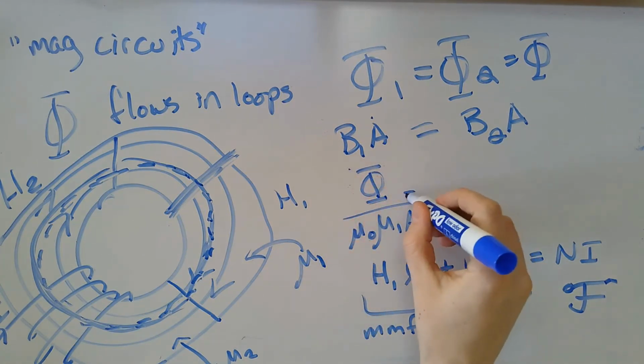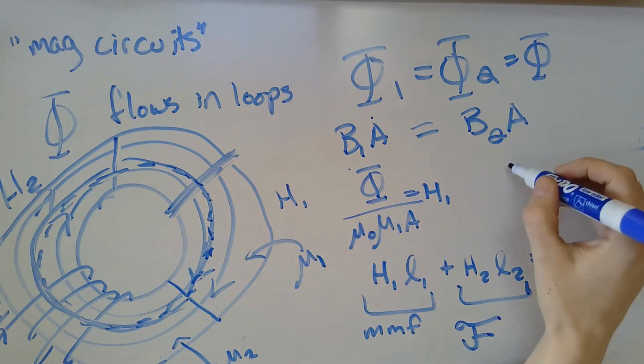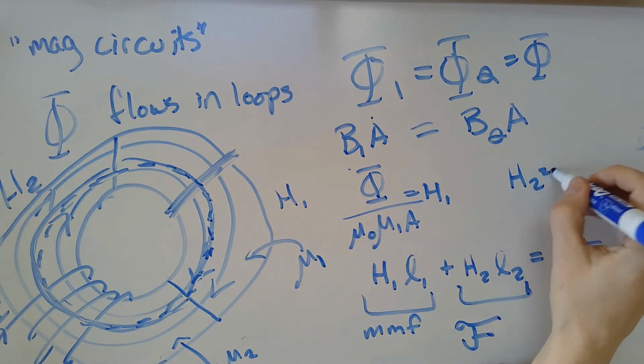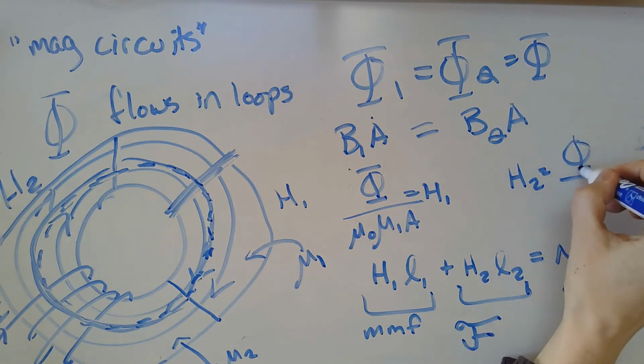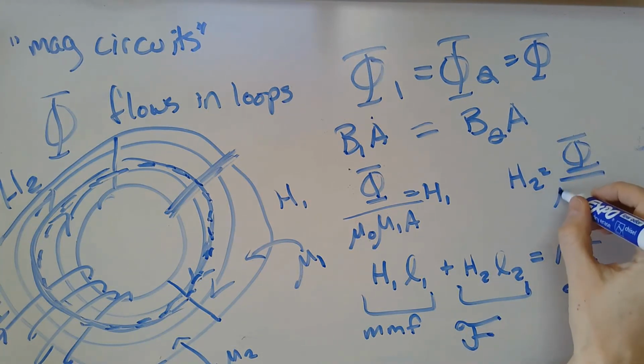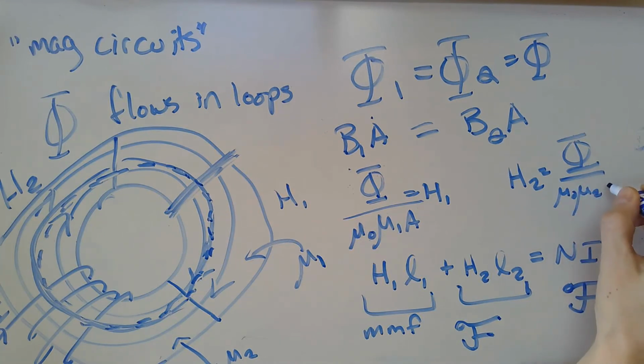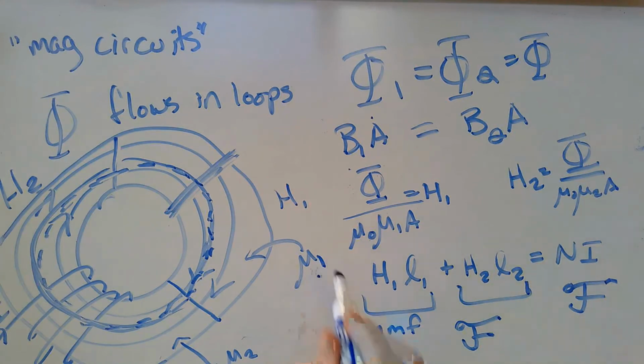So that's H1. And we can write a similar thing for H2: flux divided by mu naught mu 2 times the area. These are relative permeabilities, which is why I'm including mu naught in these expressions.